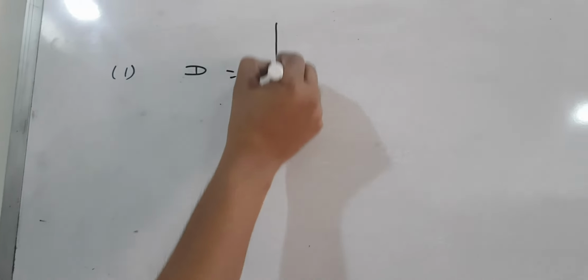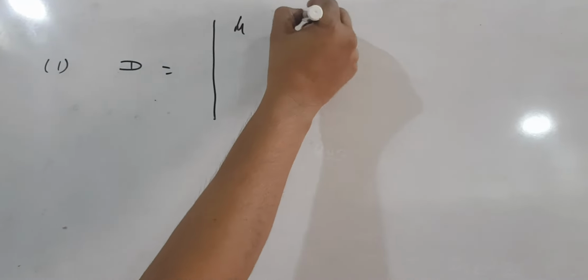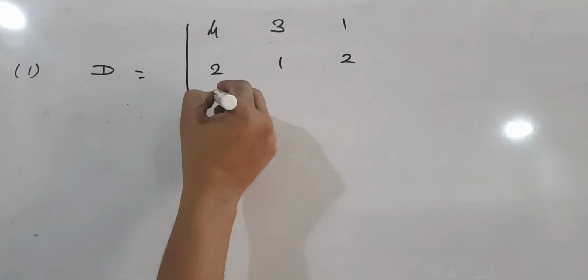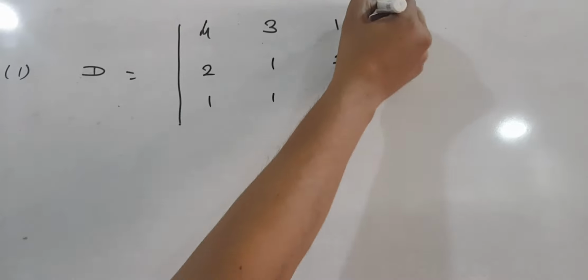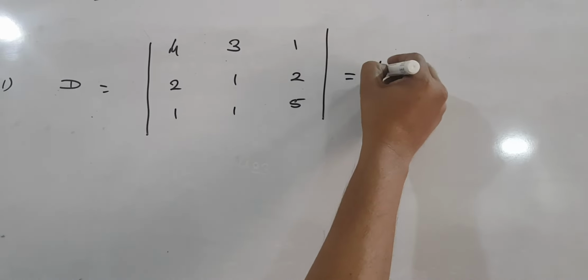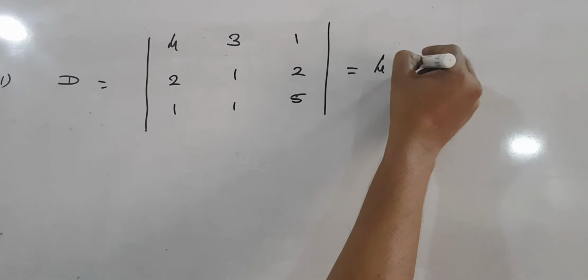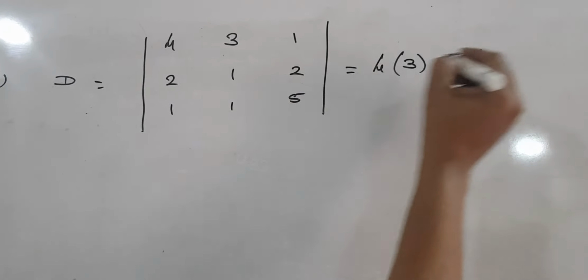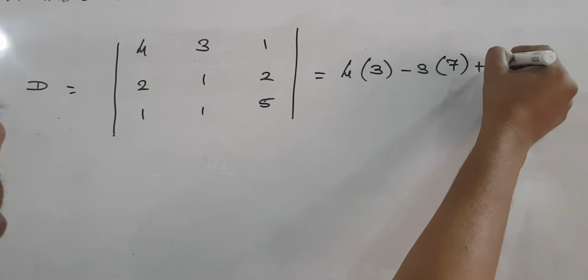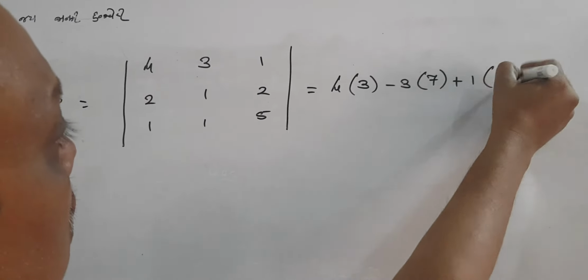D is the determinant of 4, 3, 1, 2, 1, 2, 1, 1, 5. अगर मैं सिंप्लीफाई करूं तो क्या होगा? 4 into 5 minus 2 is 3. Minus 3 into 10 minus 2 is 7. Plus 1 into 2 minus 1 is 1.